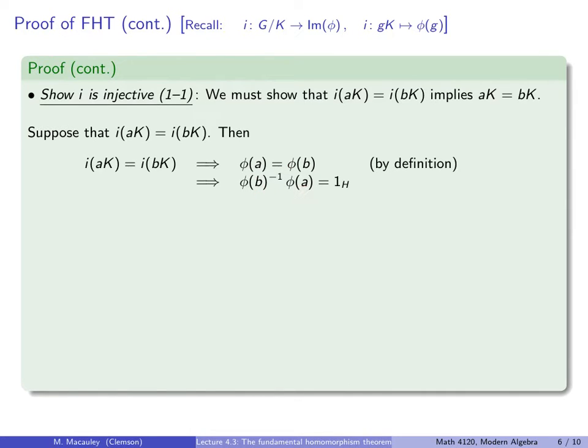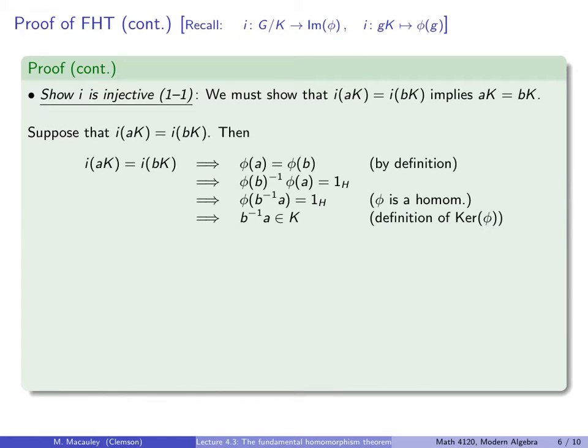Well, let's use the homomorphism property and write it like this. Phi of B inverse A equals the identity. So if this element, B inverse A, gets mapped to the identity, then it has to be in the kernel. So B inverse A is in the kernel K. That's just by the definition of the kernel.